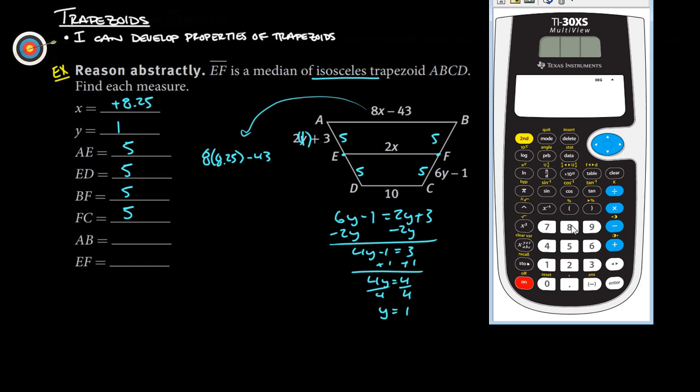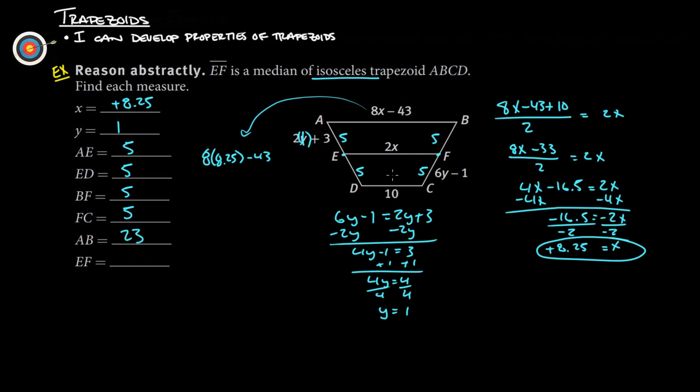So we got 8 times 8.25, and then we subtract 43. And AB is going to be 23. Okay, then EF is going to be 2 times 8.25. That's 16 plus another half is 16 and a half.